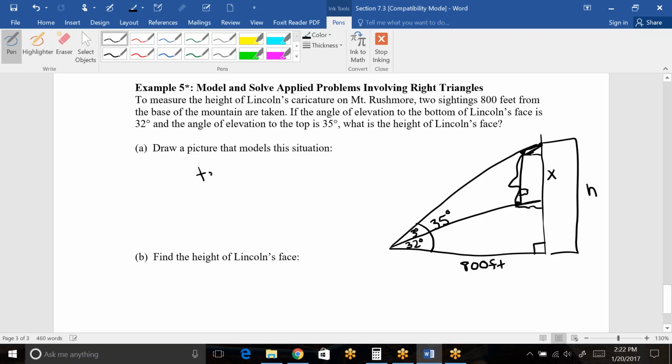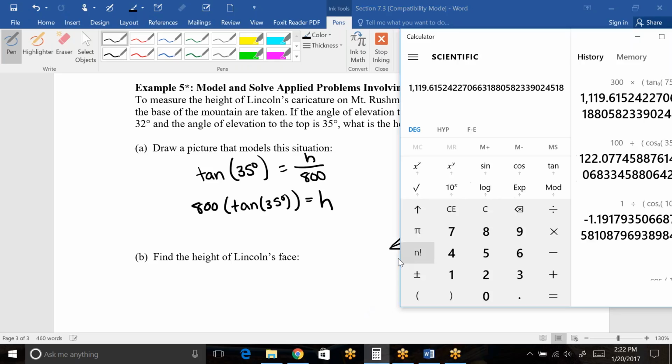So if I take tan of 35 degrees, which is this full angle right here, that would give me h over 800, because that's the length away we are from that vertical line. So 800 times tan of 35 degrees equals h.